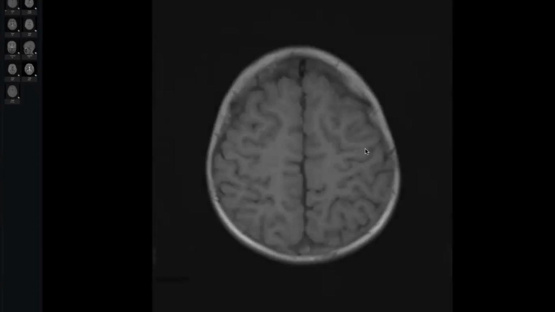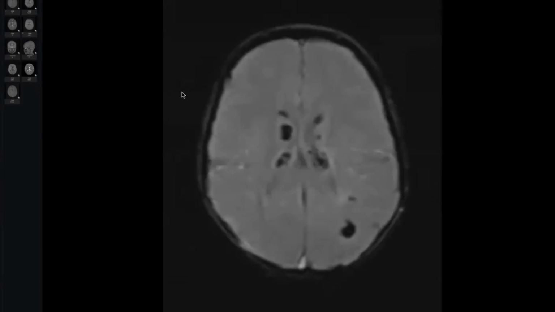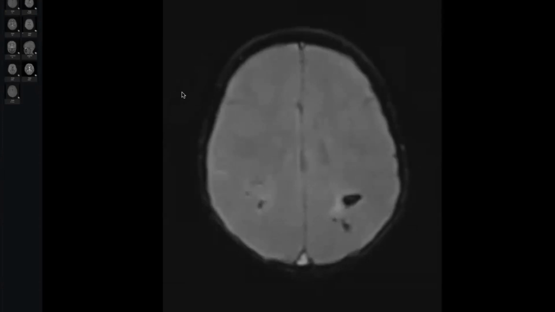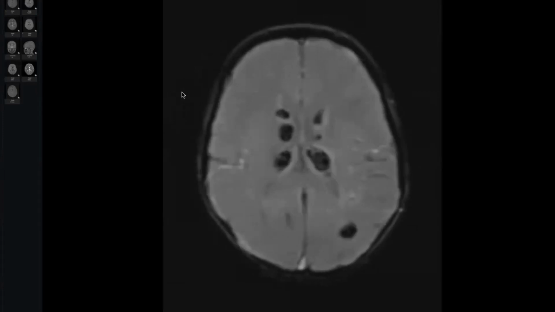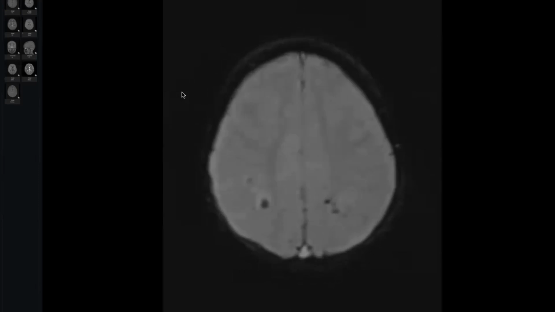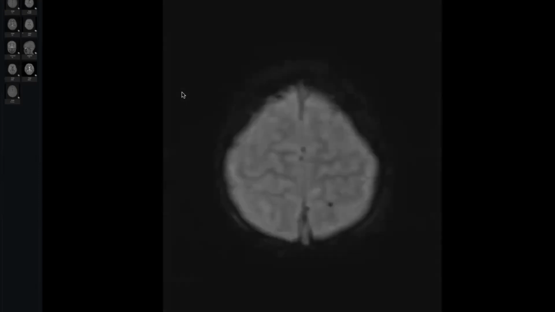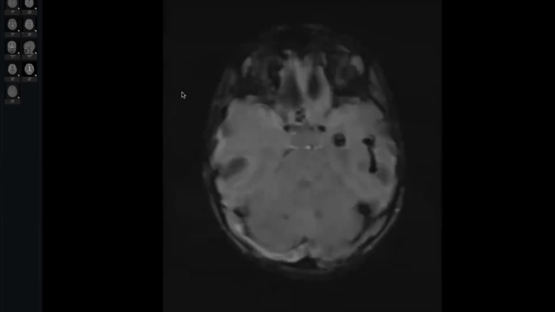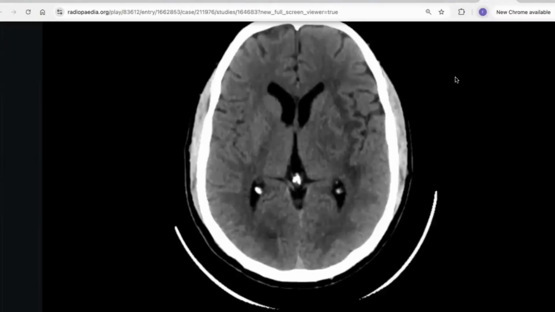Okay, doctor, we should search for developmental venous anomaly. Where? Here, on the gradient T2 star. But look with me: no cobra sign. Thank you, doctor, so much.